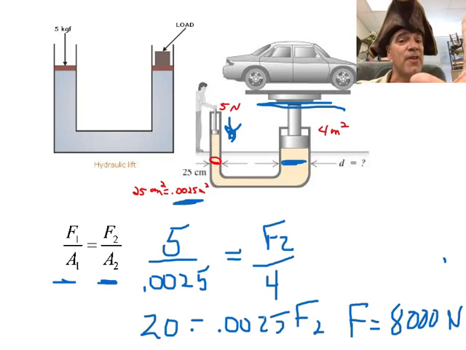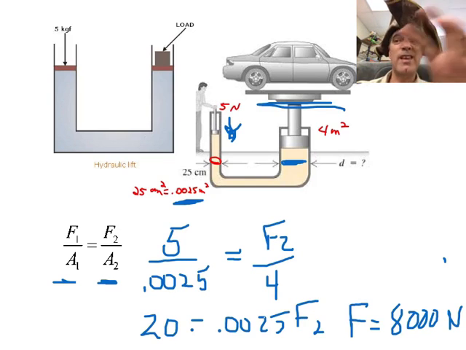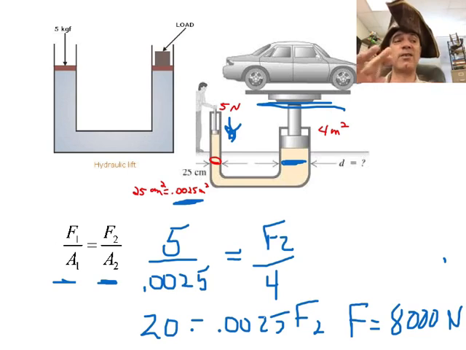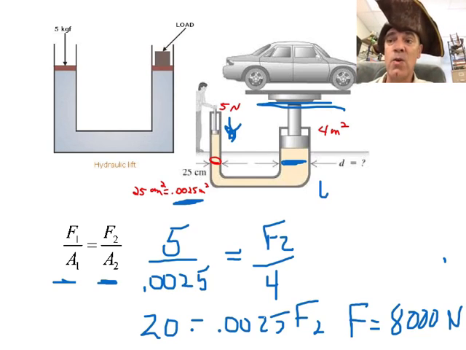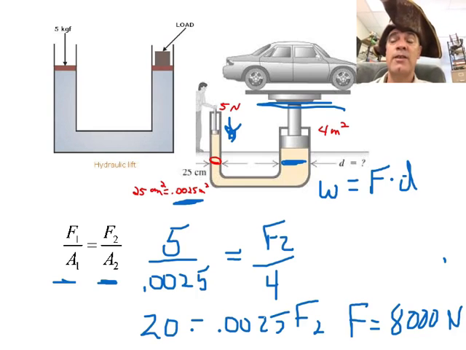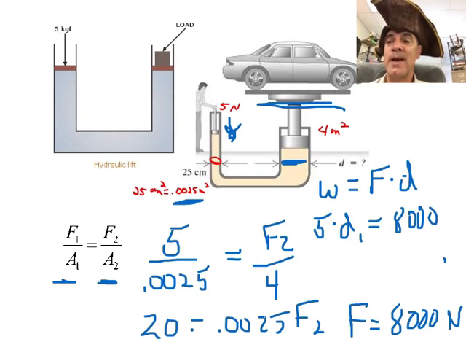Now, we know you can't get something for nothing, right? And so this seems like you're getting something for nothing, but it turns out that it's not force that is conserved. We know it's energy that's conserved, and the energy that comes from force is work. And so work equals force times distance. So we know that a small force of 5 times the distance 1 is going to be equal to 8,000 times distance 2.